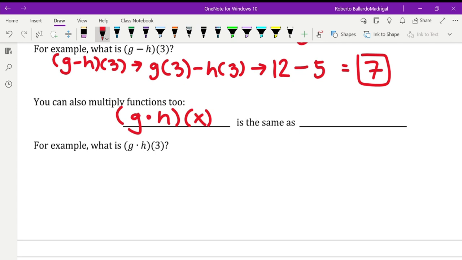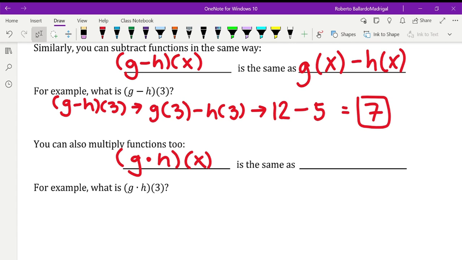So g times h of x. What is g times h of x the same as? How can I rewrite g times h of x? Based on what we've done so far, how can I rewrite this? Good. G of x times h of x.